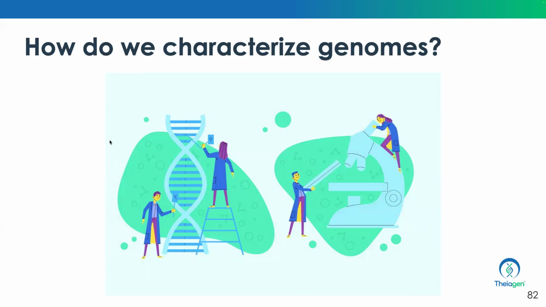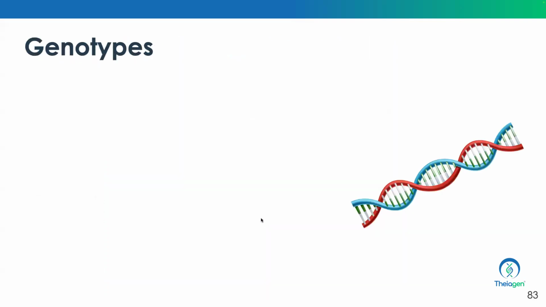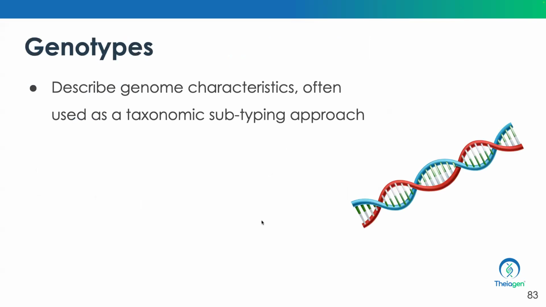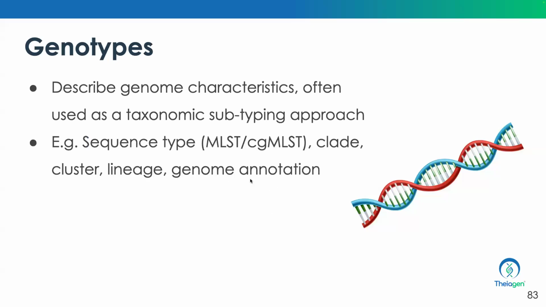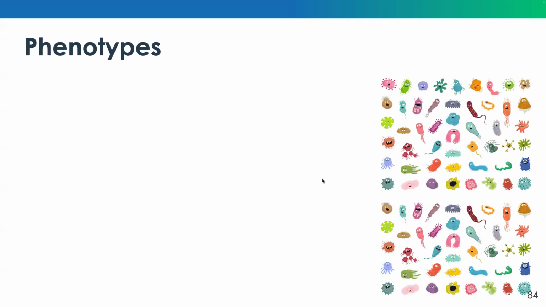So how do we characterize these genomes? Of course, we have the genotype and the phenotype, and the genotype indicating the genome characteristics used for taxonomic subtyping. These are, for example, MLST, clade identification, clusters, lineages, as well as other forms of genome annotation.